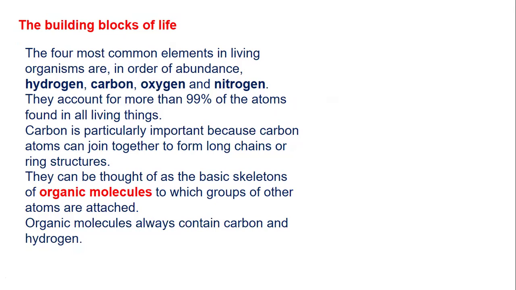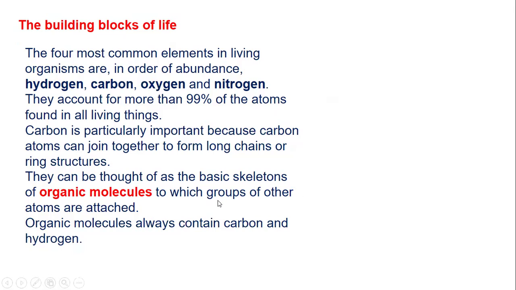Like when you look at an example of carbon, carbon is one of the most abundant elements in life. Why is carbon so important? Some of you who do chemistry, I'm sure you know that carbon is able to form long chains. And as we learn about these biological molecules, some of them have very long chains. Why? Simply because they are made up of carbon. So carbon is very important in providing a foundation for the basic skeletons of organic molecules.